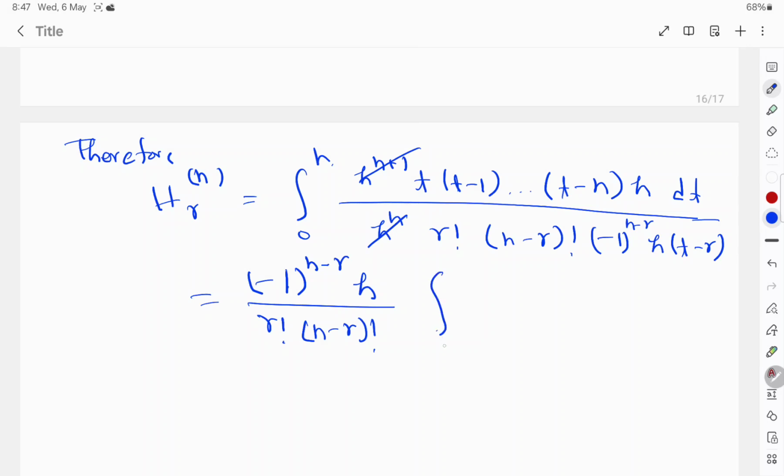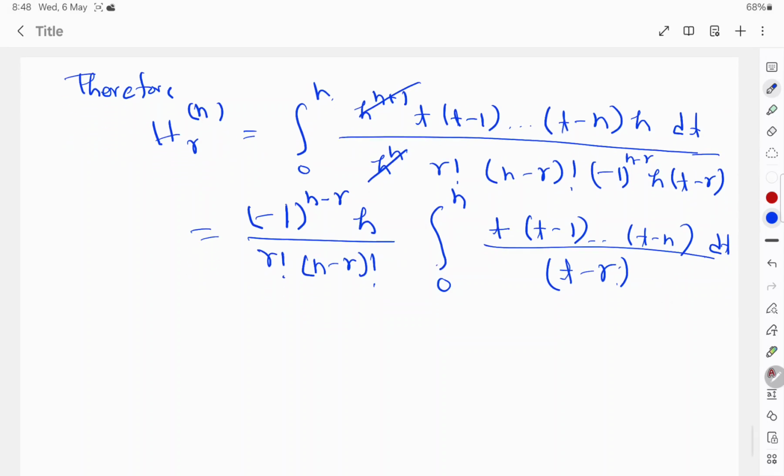So what is left in the integration? Okay, so this is the expression.